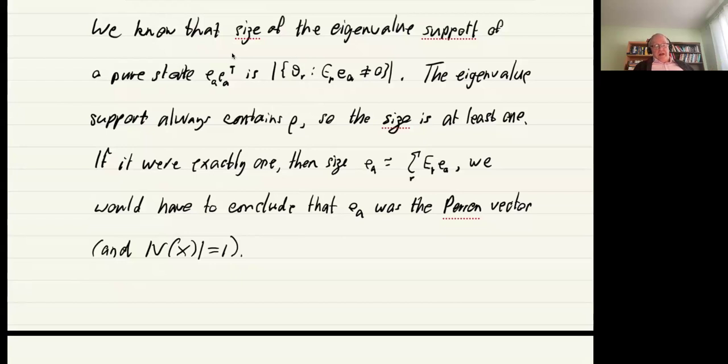So that says the a column of that E_r is just a standard basis vector, and from this we're forced to conclude this vector must be the Perron vector. Now, if your Perron vector has only one non-zero entry, and all those entries have to be positive, that means your graph has exactly one vertex.